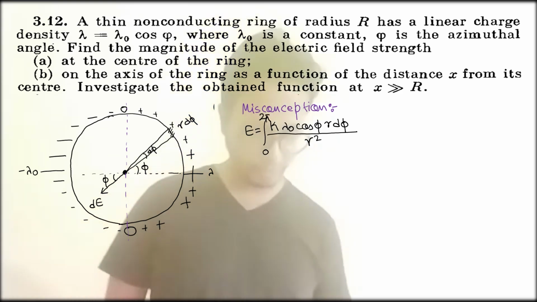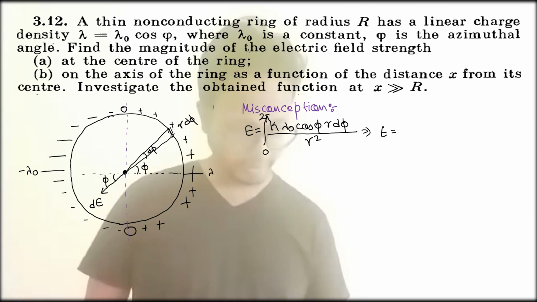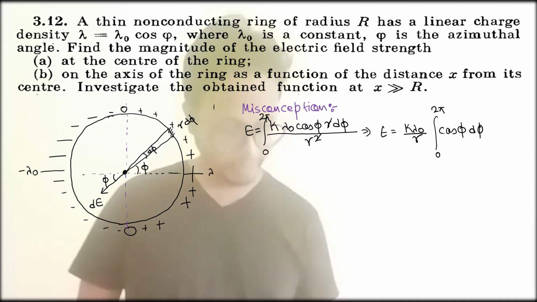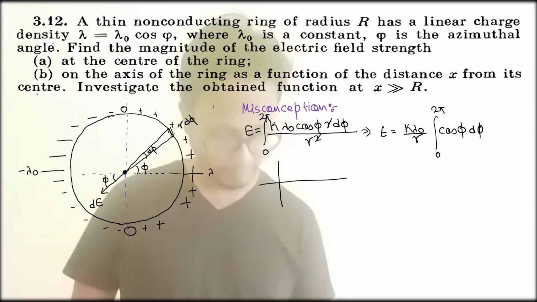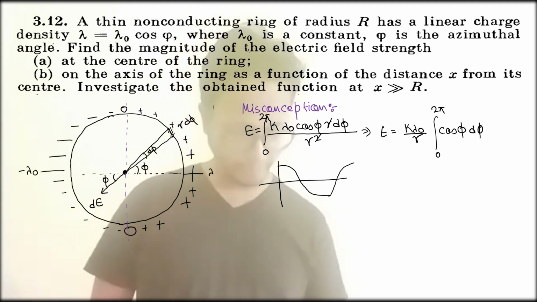Electric field is k lambda naught by r into cos phi d phi, from 0 to 2 pi. Now the interesting property of cos is that the cos graph looks something like this, from 0 to 2 pi.